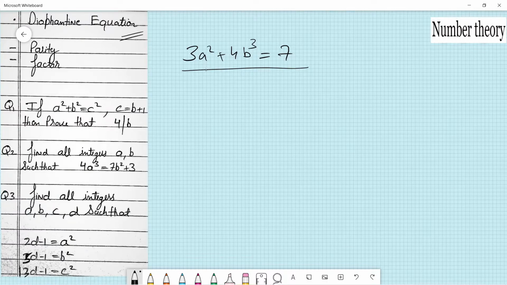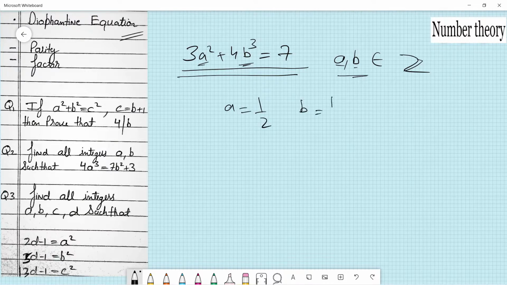And here we want to find the values of a and b which satisfy this equation, but the condition here is we are only interested in integral solutions, which means a and b have to belong to the set Z. We are not interested in real solutions or, say, rational solutions, like if, say, a equals 1 by 2, b equals 1 by 3 satisfy this equation.